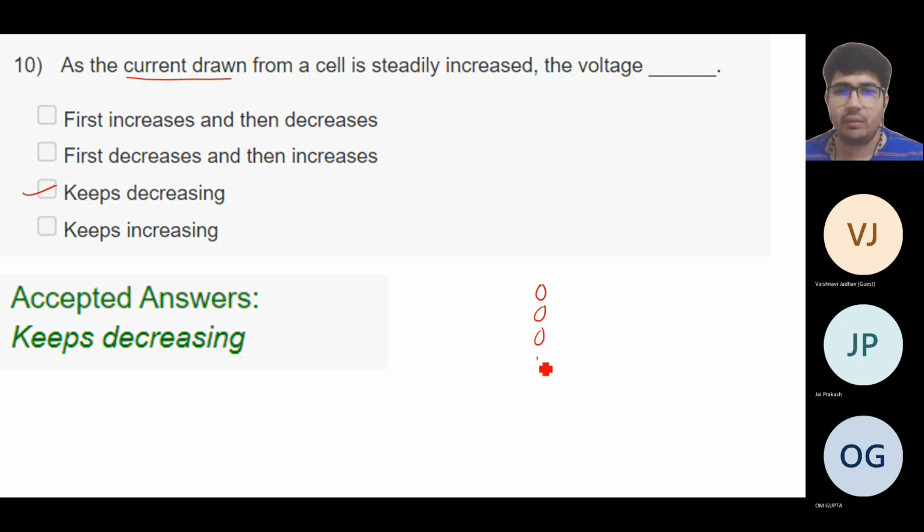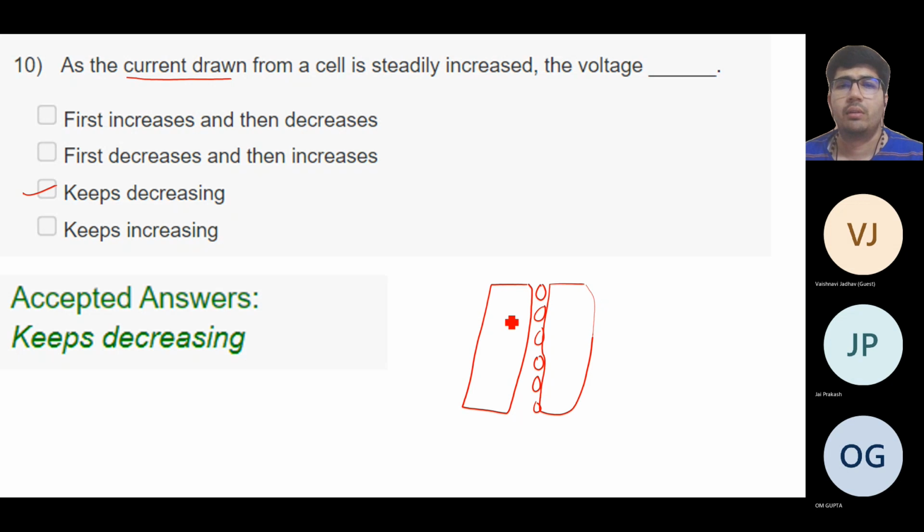You can say this is the electrolyte, and this side is the anode and cathode. You have increased the current density to a very high value, so more and more chemicals are coming. So what will happen?